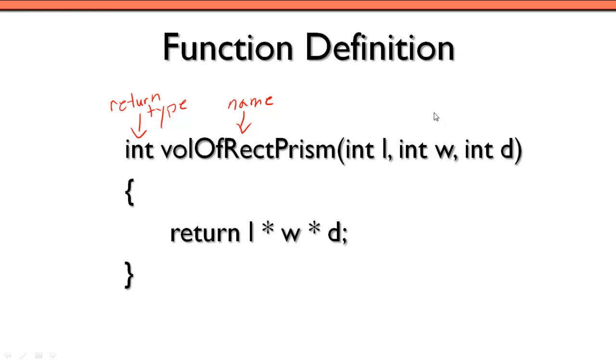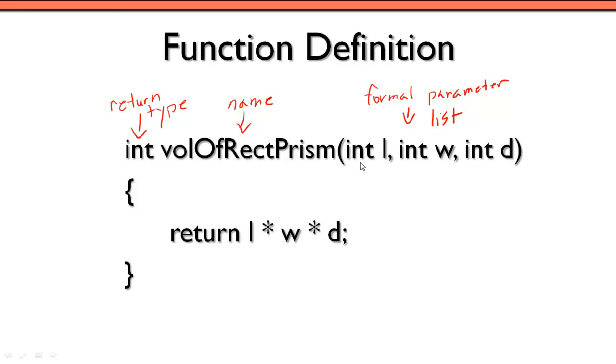And then we have what's called the formal parameter list. So all this stuff here inside the parentheses is part of the formal parameter list. And this is how we actually get data passed into this particular function. So we're interested in passing in maybe the length, the width, and the depth of this particular rectangular prism.